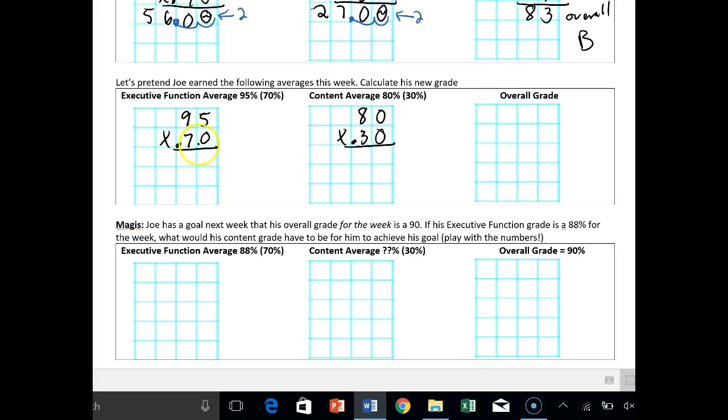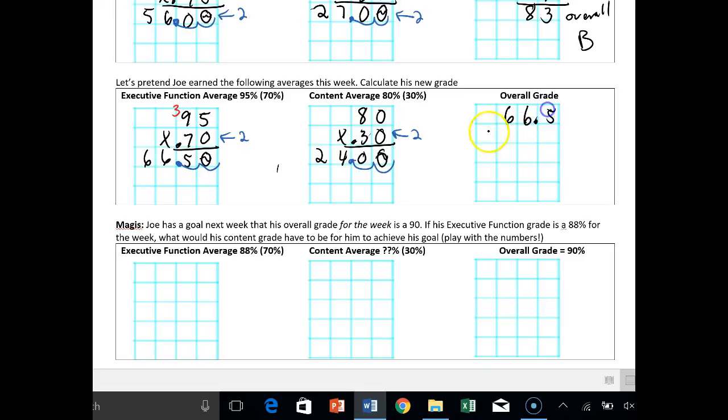Now, we calculate these. This is lay an egg. This is 35. Carry your 3. 9 times 7 is 63. Plus 3 is 66. Remember, we have 2 decimals, so once, twice, 66.5. Lay an egg. 0, 24. 2 decimals. Once, twice, so 24. So we add these together.